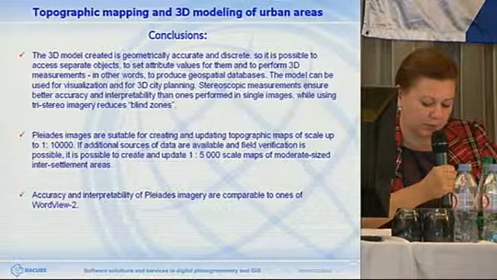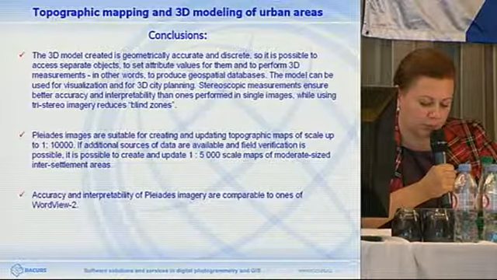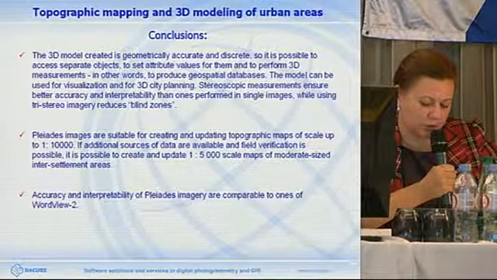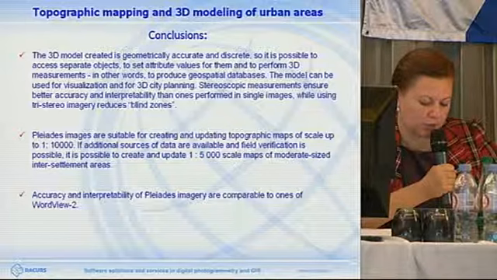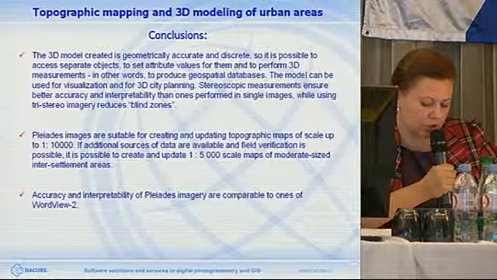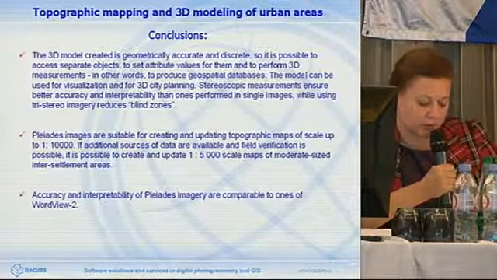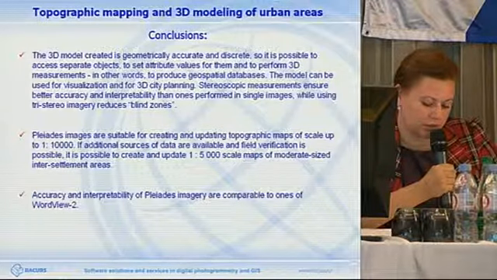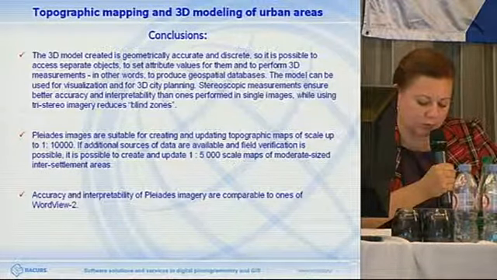Pleiades can be used for 1 to 10,000 maps. With the stereopairs, you can also add this to a map of 1 to 50,000 between residential settlements.